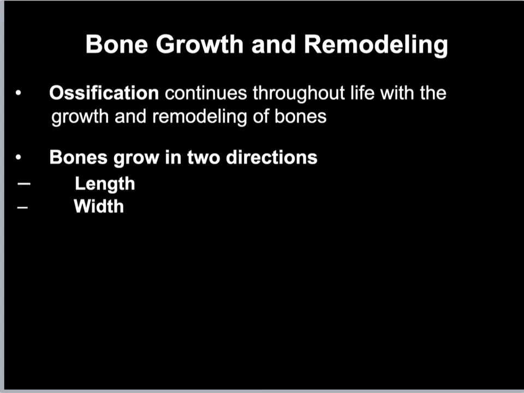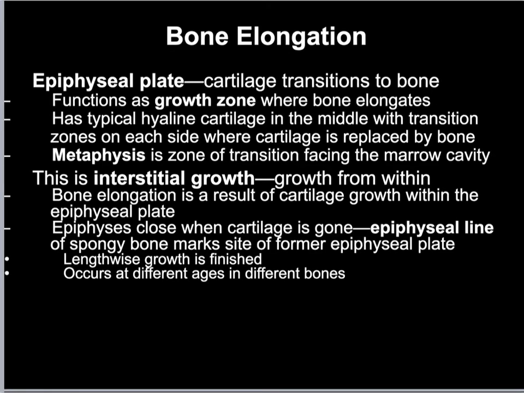Your long bones are going to grow in length, particularly in early childhood, and then again in your growth spurt in adolescence. And there's two different models for how this is happening. We're going to talk about elongation first.